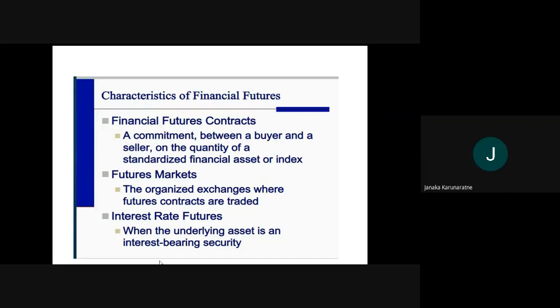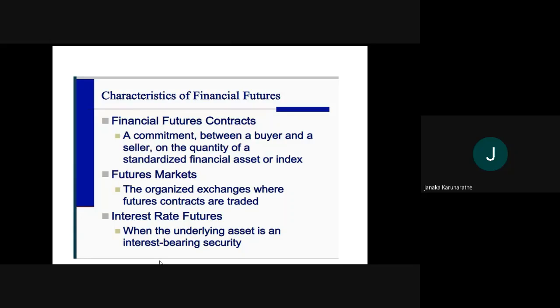Always when you talk about derivatives, there is a buyer and seller, like a normal market. When you talk about futures or whatever derivative contract, you talk about a buyer and seller. Then the difference, when we discuss the forward contracts, we will see.